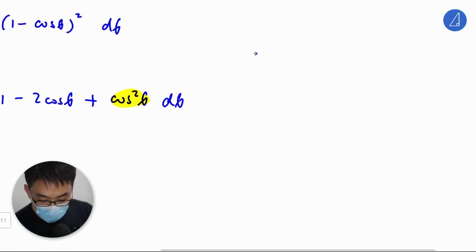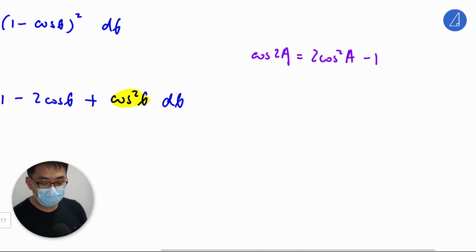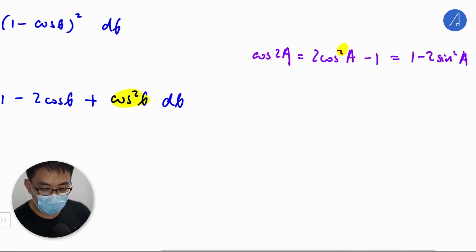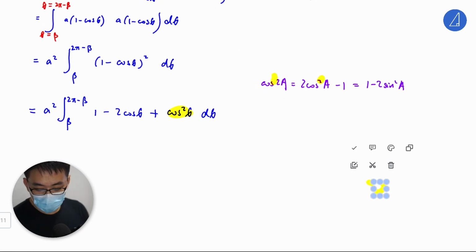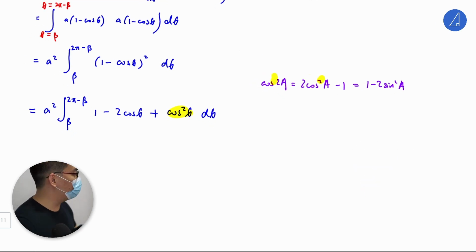We know that cosine 2a is equals to 2 cosine square a minus 1. The beautiful thing about this equation here is you can change from a square to a power of 1. Remember your cosine 2a is beautiful because it sort of mess up our trigo life.